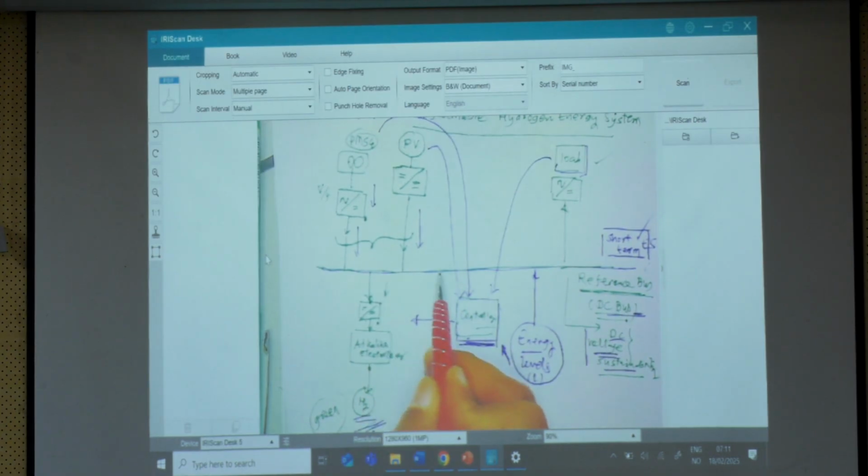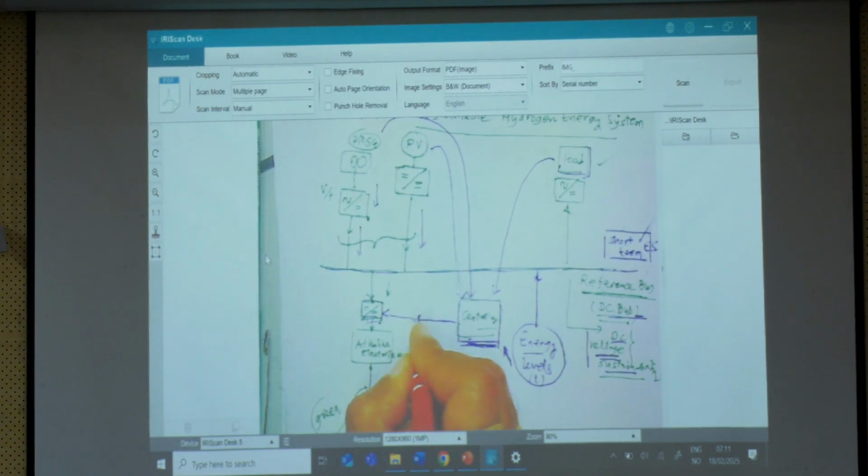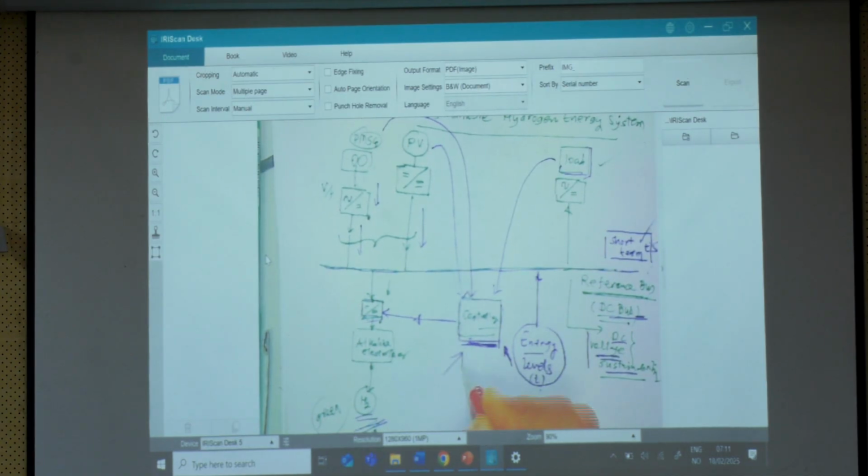Then to transfer that energy from the DC bus to the electrolyzer, even though the electrolyzer is a DC component, we need a DC-DC converter, a boost converter. So, the controlling of the DC-DC converter, the PWM switching signals, is going to be decided by this controller.